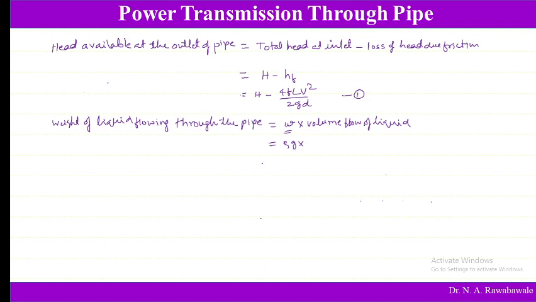Q is area into velocity, Q is equal to A into V. So this can be written as rho g into pi by 4 d square into V.